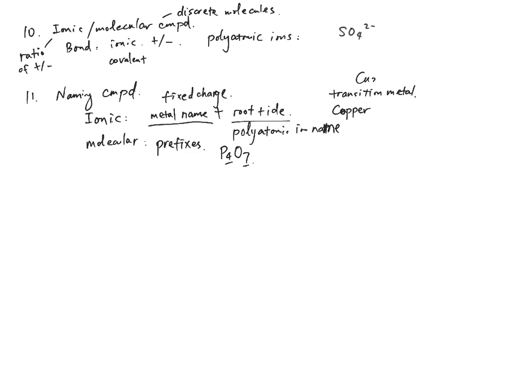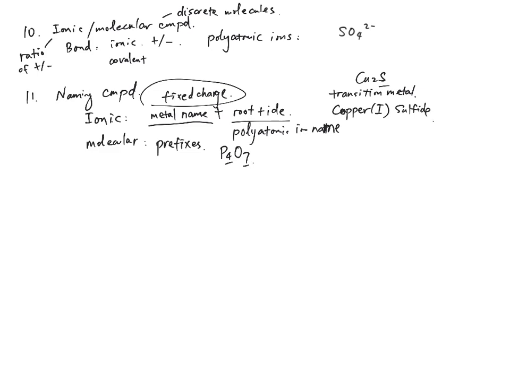So something like Cu2S: how do I know this is +1 charge? Because sulfide ion can only be -2 charge. So know those fixed charges, and that means each copper is plus 1 charge. Copper is a transition metal, so make sure you have that Roman numeral in there before you can get the name out.